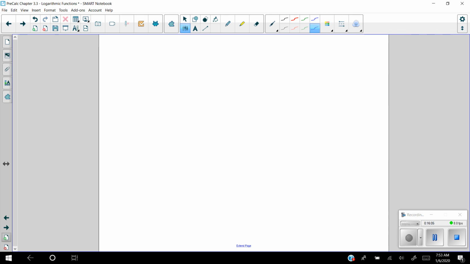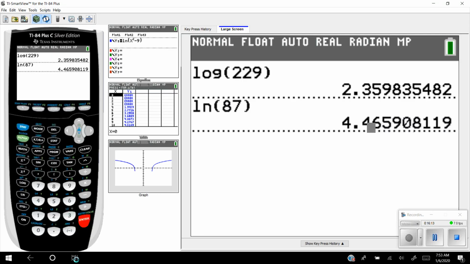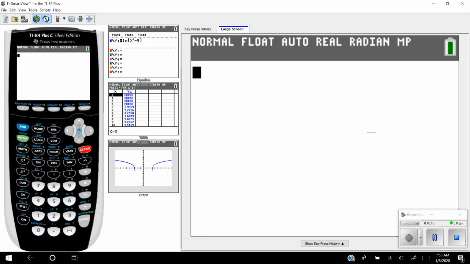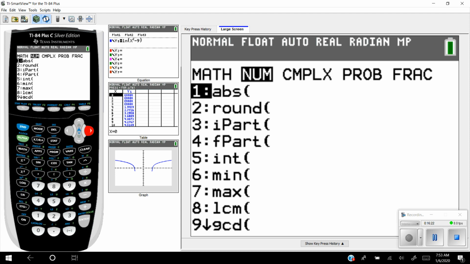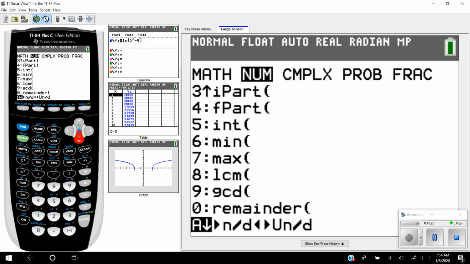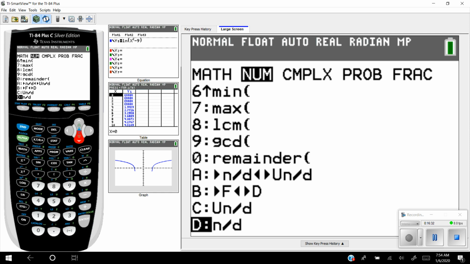Well, the newer graphing calculators have a button that allows you to change the base. It is located in kind of two different areas. If you go to math and arrow over to the number panel, I believe down all the way at the bottom, we should find something that says log base.